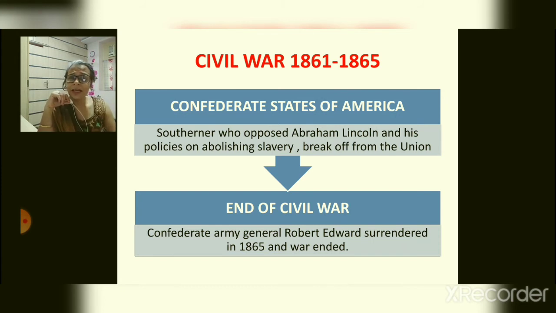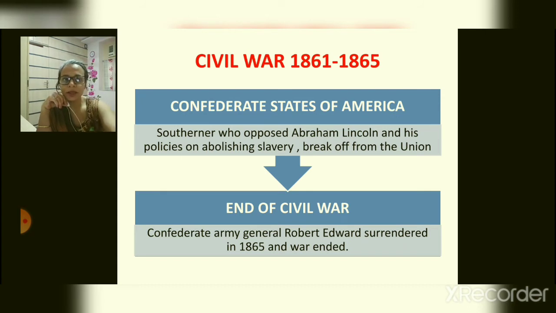Thirdly, the people of the North were supporting the civil war, whereas the people of the South, like the slaves, were they supporting? No, definitely not. All right. So ultimately, Robert Edward surrendered himself in 1865, and that's how the war ended.